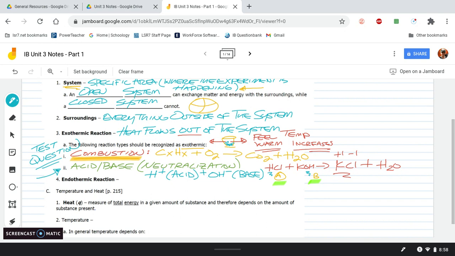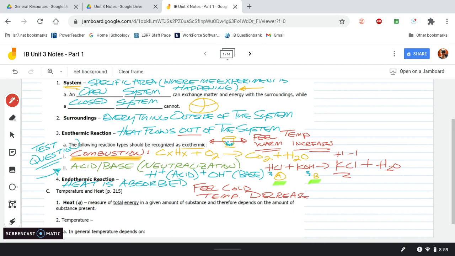And if heat is going to be absorbed, then that's going to feel cold, or the temperature is going to be going down. So maybe we should just put temperature decreases.